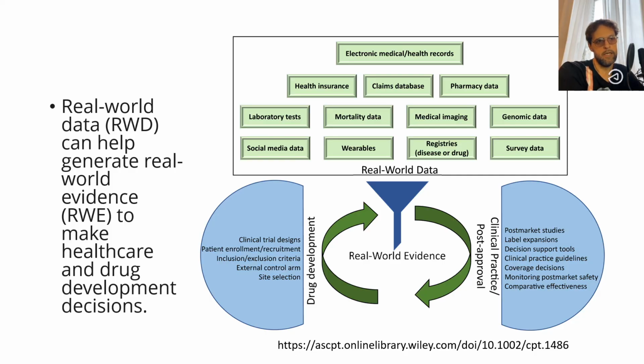And if we have these patients in the general population who are not receiving the drug being tested, why do we need this control group at all? We can analyze data from similar patients from real world practice and use it as a control arm in our two-armed study. Also, we can use it for practical things like site selection.